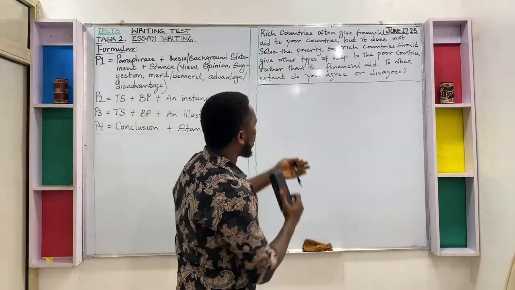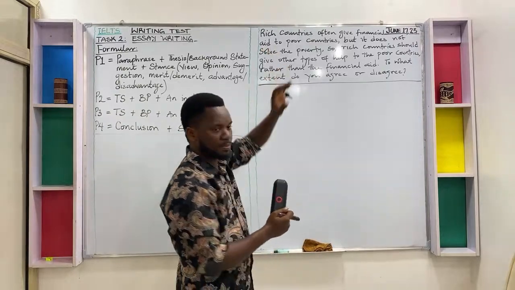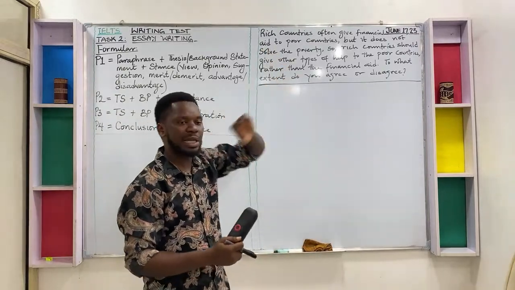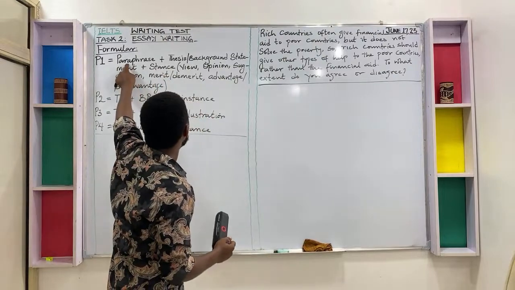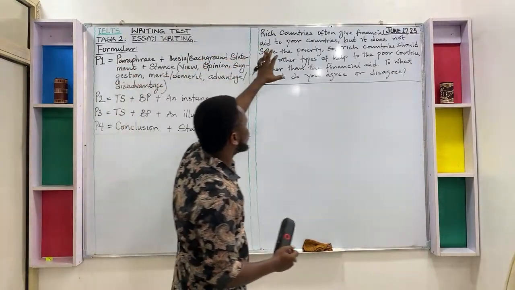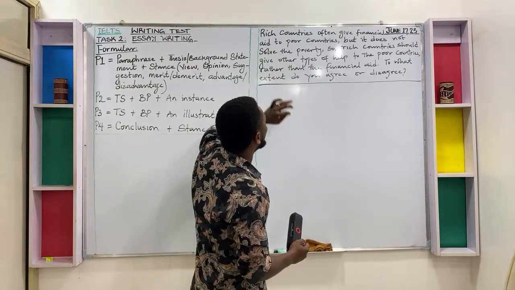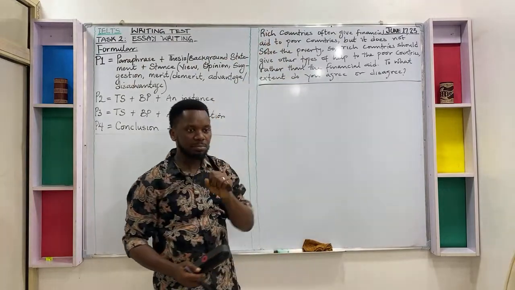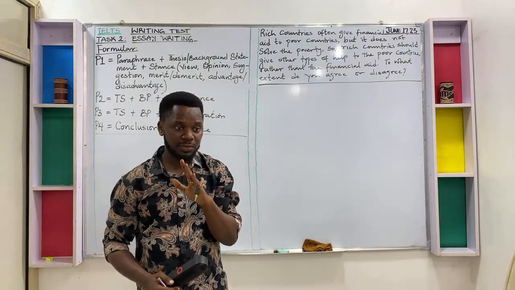But you do not need to copy this question verbatim using the exact words here. You need to paraphrase the question. And the words you use should be such that we still retain the same meaning. You understand this?